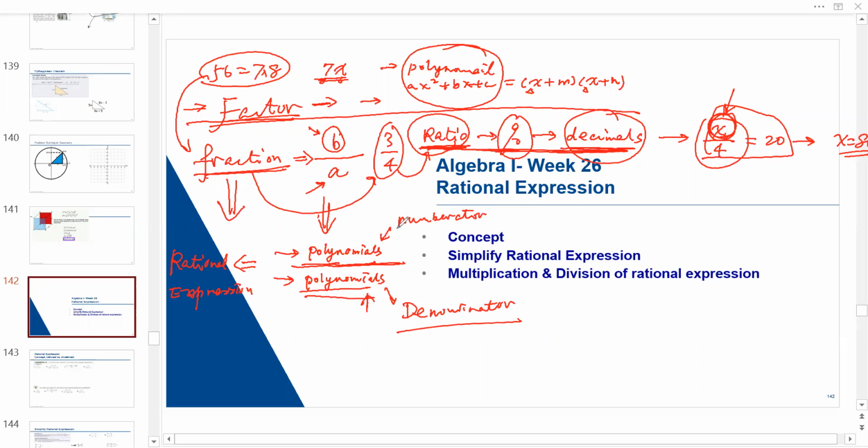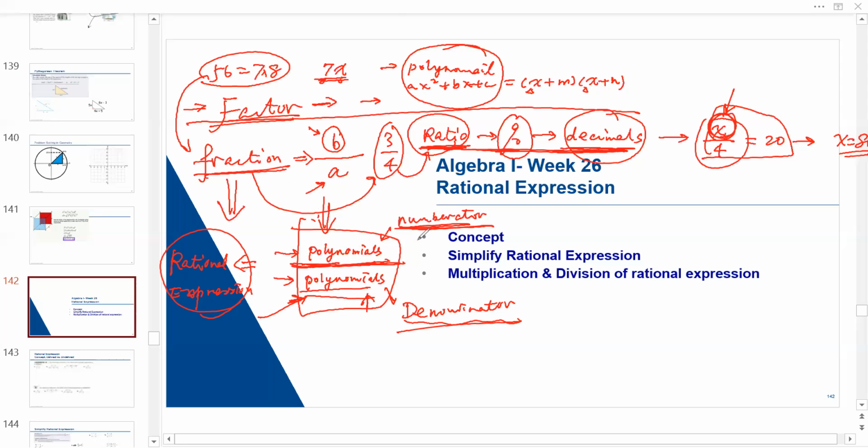So we call it a rational expression. You can see this is actually still a fraction, made of a numerator and denominator. The only thing that changes is that the numerator and denominator are more complicated, made of polynomials.